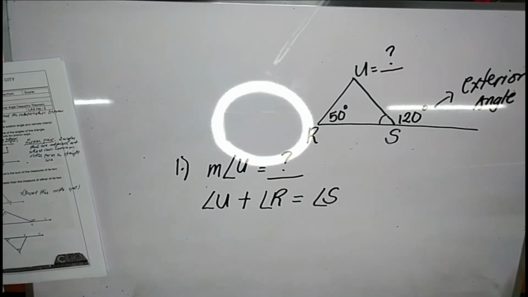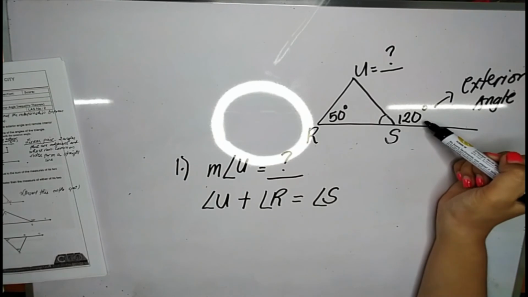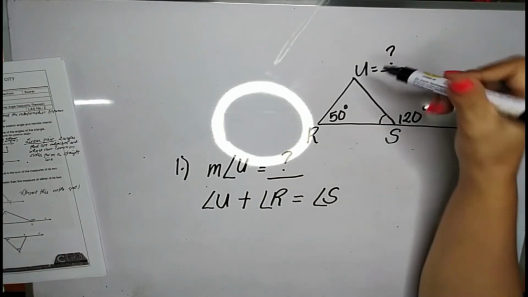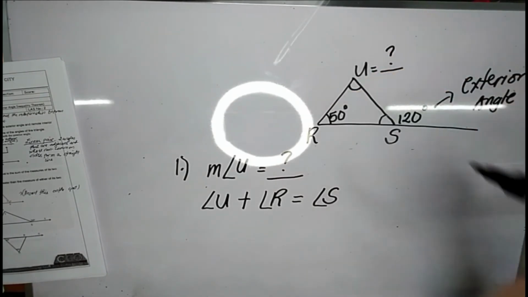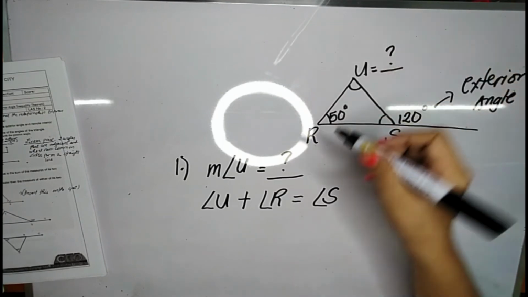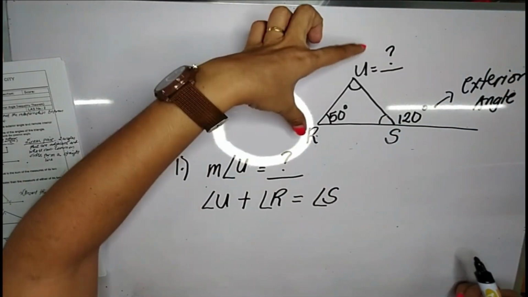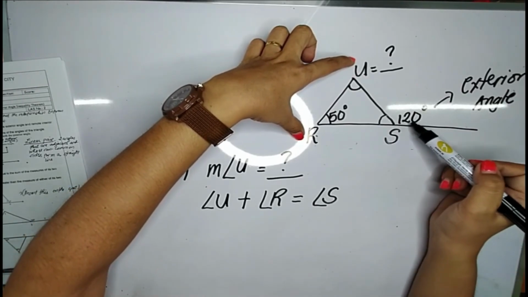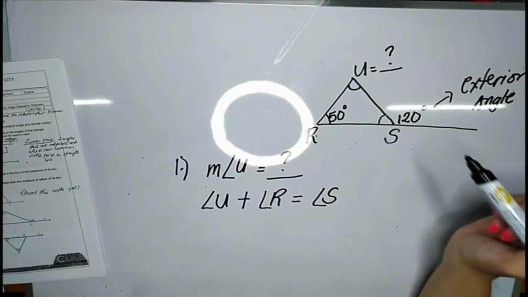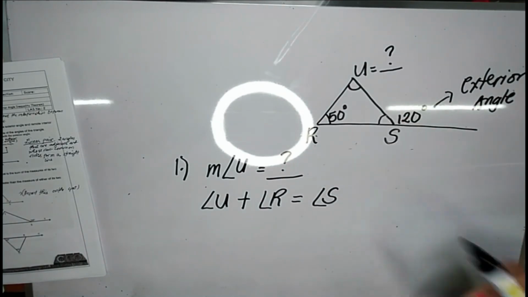So, ingon man ang theorem ganina nga ang exterior angle, equal daw siya sa measurement kung i-plus nimo ang measurement sa duha ka remote interior. Ang atong remote interior diri is angle U and angle R, kay sila nga duha ka angles nga wala natapad sa angle S, which is the exterior angle.